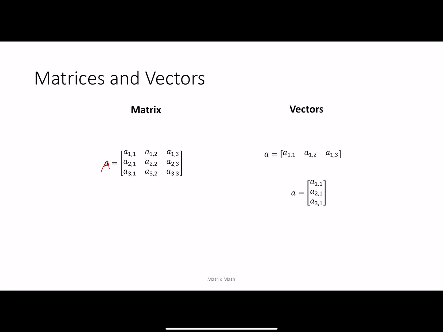We refer to the individual elements with a specific numbering system: the first coordinate refers to the row, and the second coordinate refers to the column. This is to differentiate it from a vector, which is typically just a column or a row. So this is a row vector. This is a column vector.